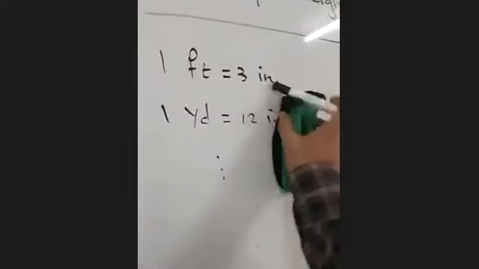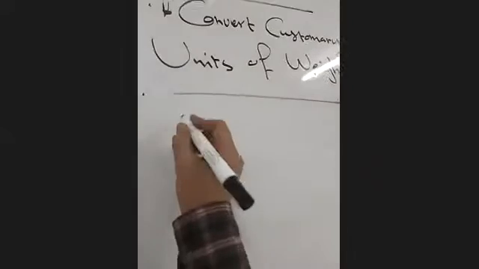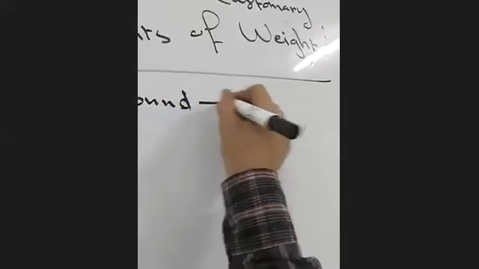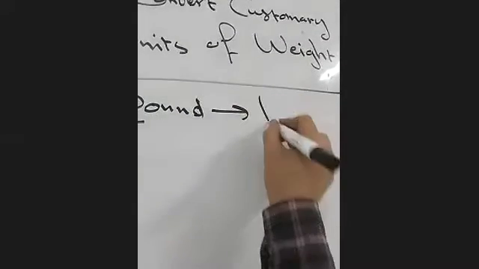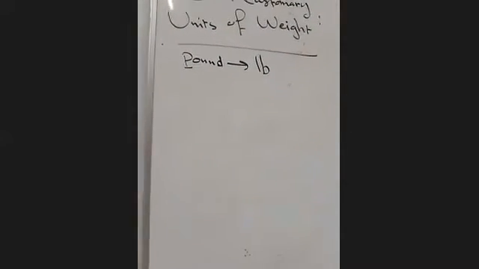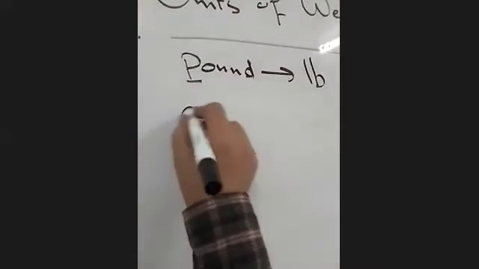What are the customary units of the weight? We have the pounds, the ounces, and the ton. The pound, the shortcut of it is capital L, B, lb. The second one is ounce.